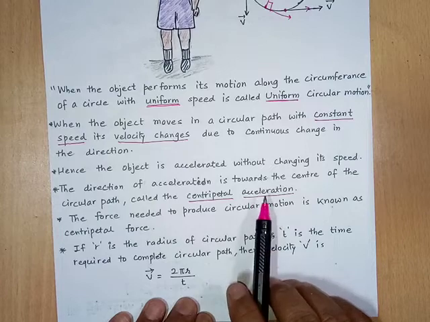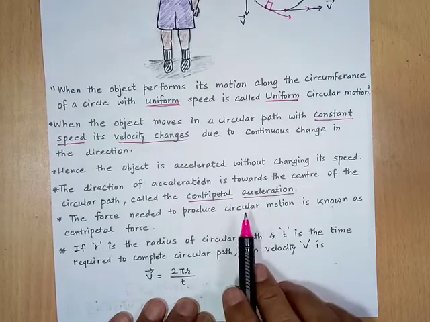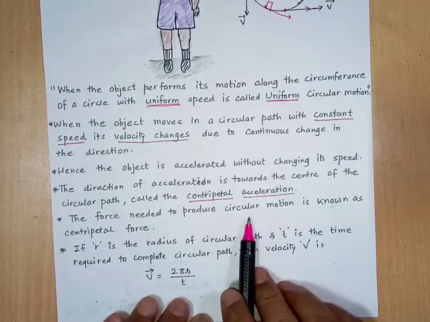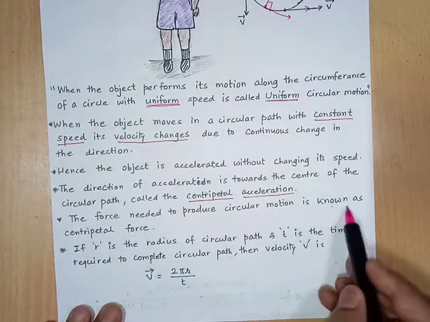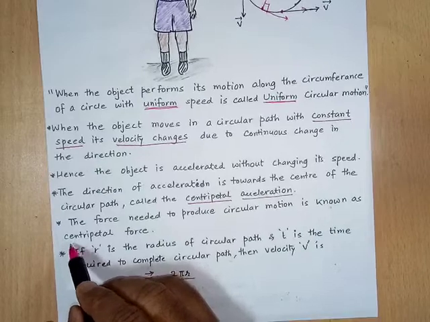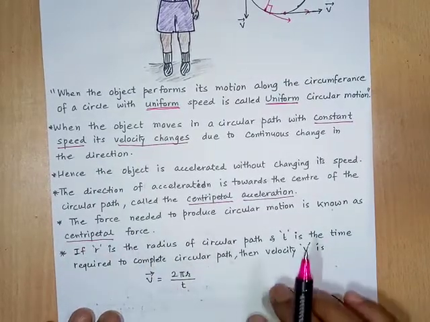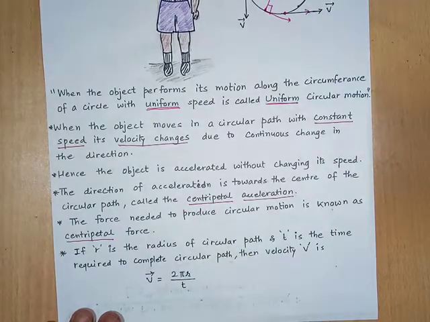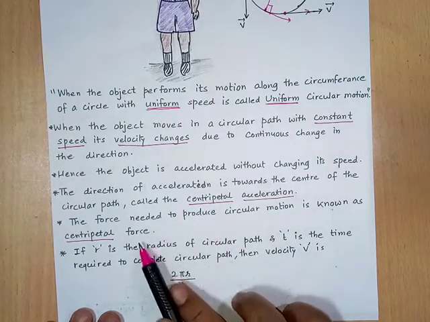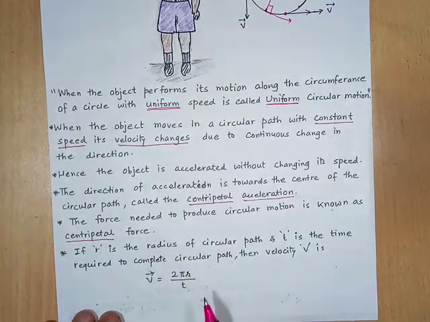That particular force which is necessary to keep the object in circular motion is called the centripetal force. So the force needed to produce the circular motion is known as centripetal force. Again, centripetal has the same meaning as we saw in centripetal acceleration, since it is guided toward the center. That's why this force is also called the centripetal force.